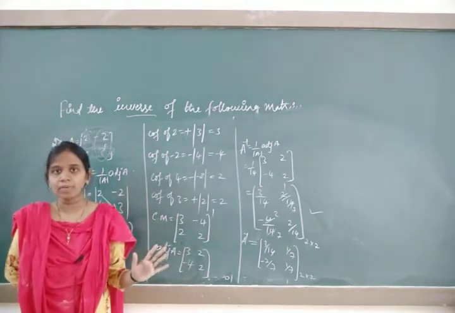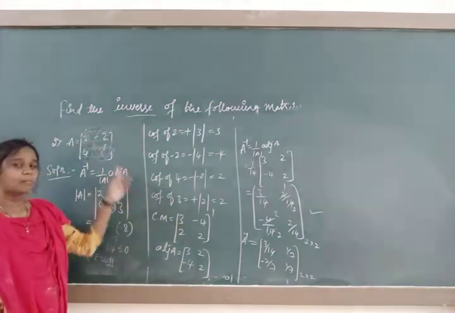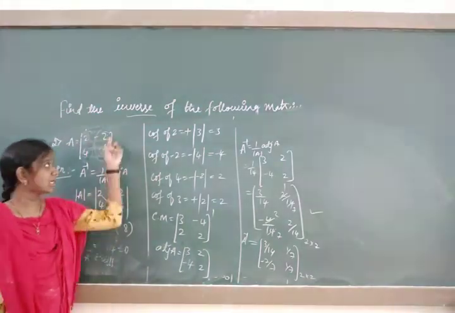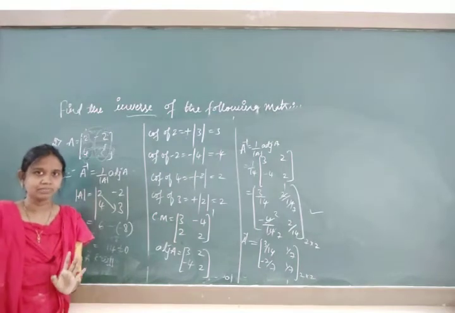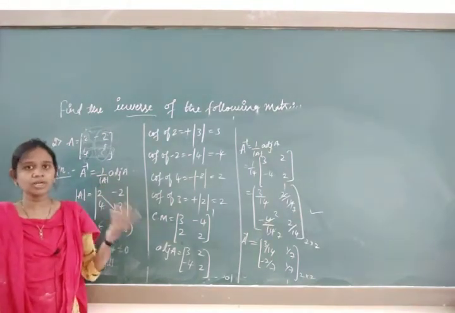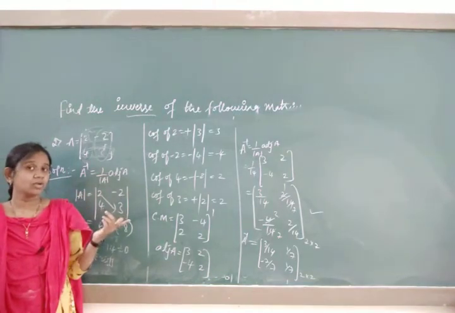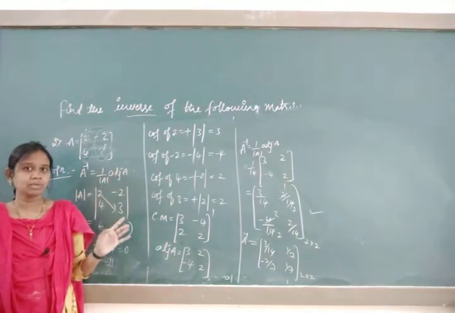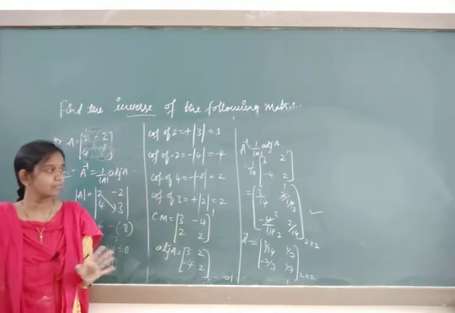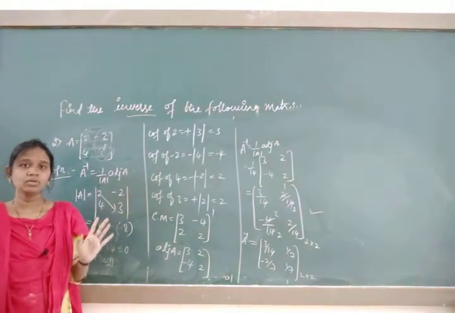That is the formula. Or else just remember primary diagonals are plus, plus, secondary diagonals are minus, minus, and close that row and that column corresponding to the element we are taking. Whereas in the case of 3 cross 3 you have to take alternate signs, plus, minus, plus, minus, plus. So this is about 2 cross 2.